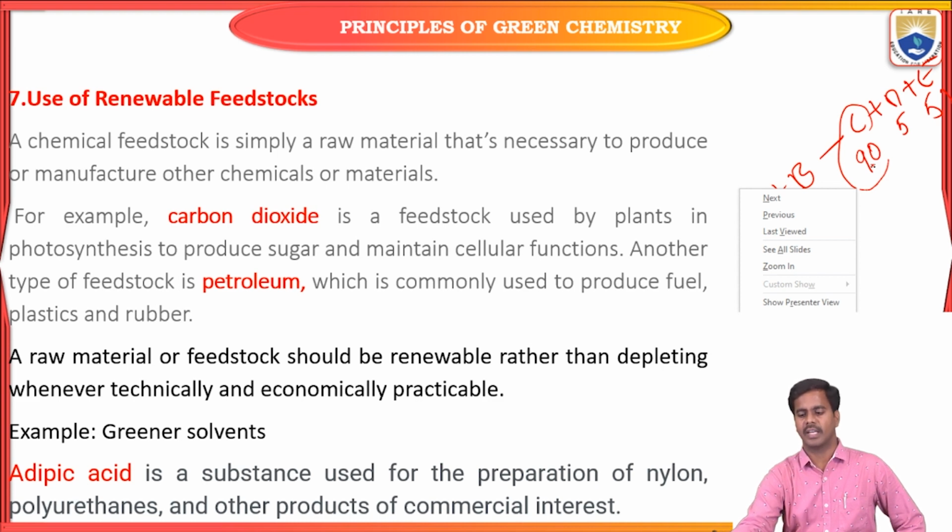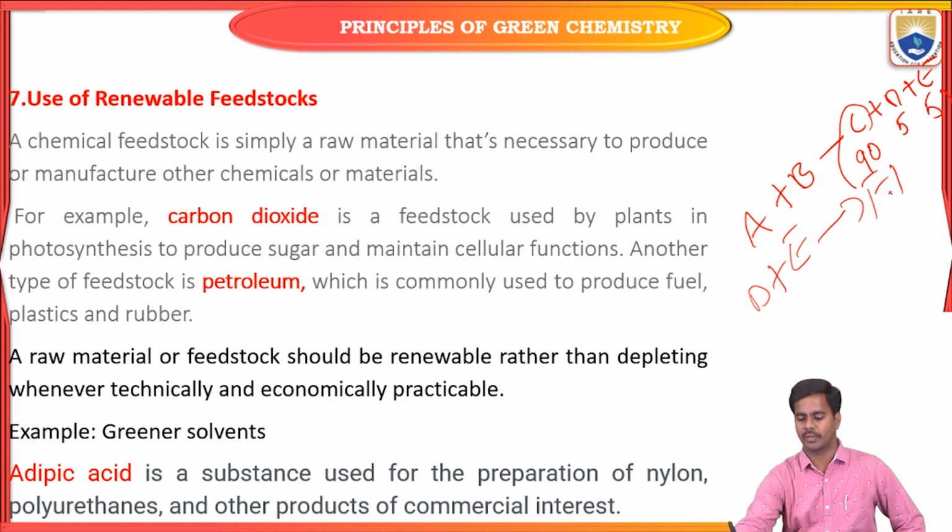The remaining products, D and E, are considered waste products or unwanted products in this reaction. These unwanted products, D plus E, are used as reactants in another reaction, F plus G. So now we can minimize the toxic nature of the reaction.